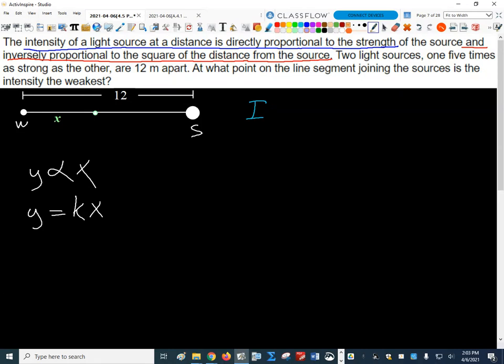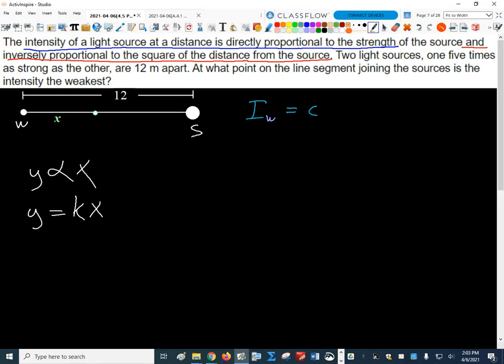So for the weaker source, if I want to say that it's proportional to the strength of the light, one way I could say that is just equal to K, right? Or maybe I'll call it something different. I'm going to call it C. Just some constant. We don't know what it is, right? That stands for the strength of the weak light source.